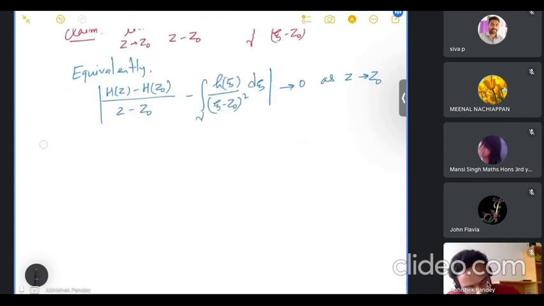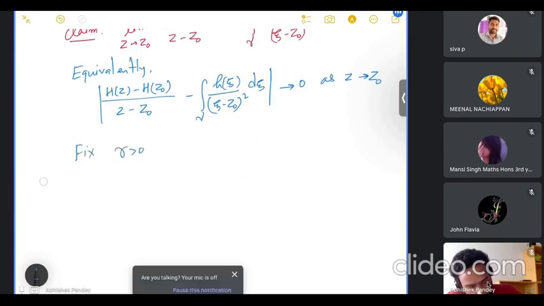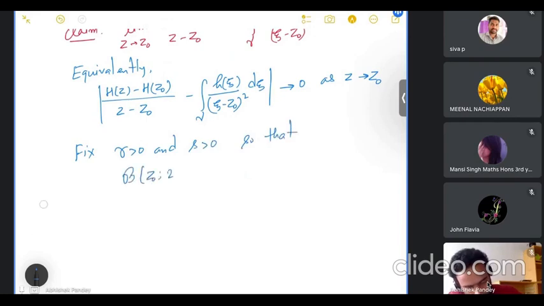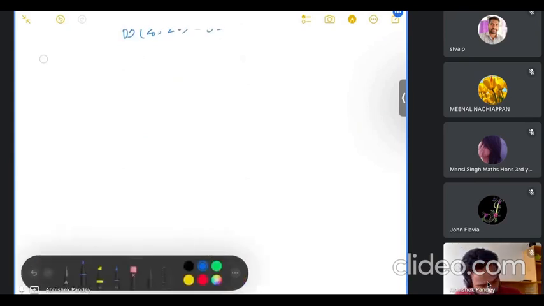Okay, so fix some r positive and s positive so that the ball around z naught of radius 2r is contained in omega, and gamma is contained in this ball. I'll just tell you how this looks.